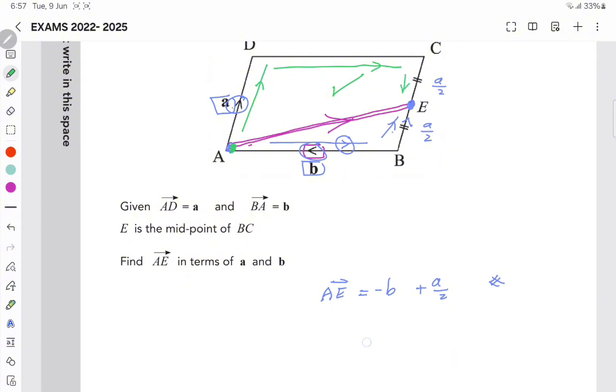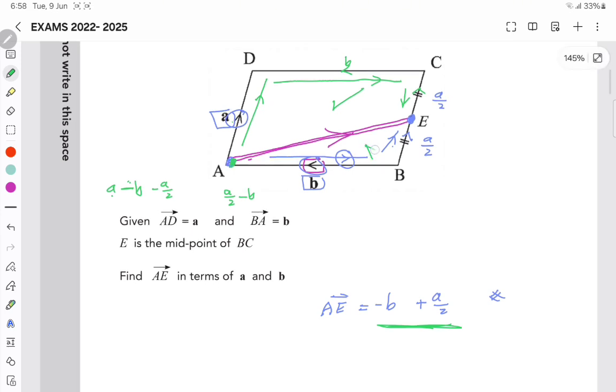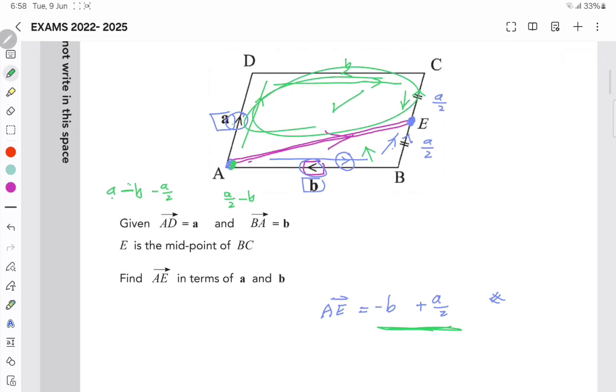So here it will be a, followed by this, which is opposite to b, in the opposite direction, it will be minus b. Followed by this, in the opposite direction, it will be negative a over 2. Then adding a minus a over 2, it will be positive a over 2 minus b. The same answer. So we just work with a closed area. You can do it for this shape or this shape.